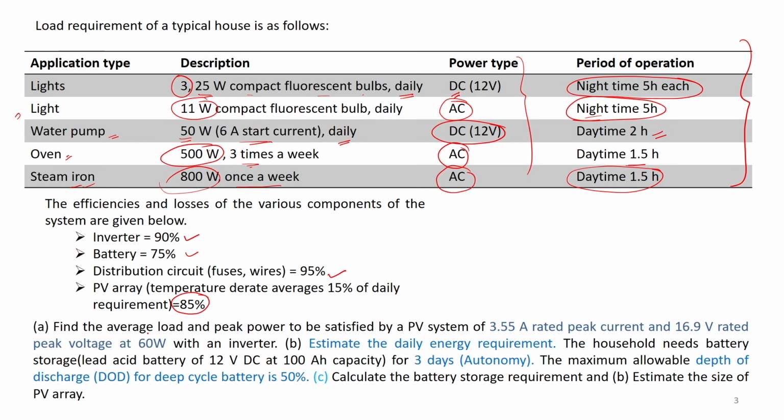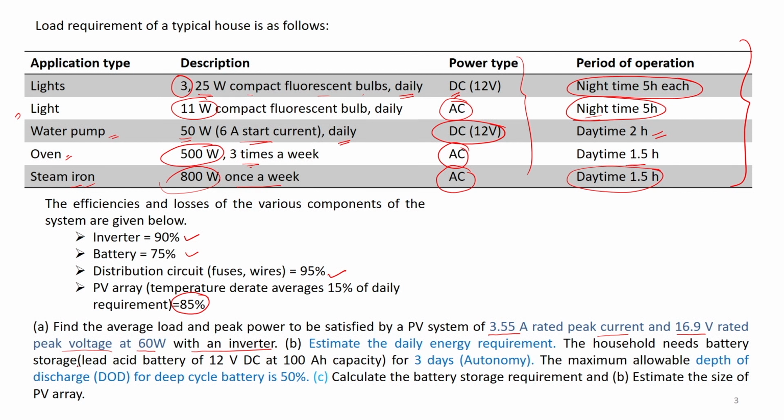We need to find the average load and peak power to be satisfied by a PV system of 3.55 ampere rated peak current and 16.9 volt rated peak voltage at 60 watt with an inverter. Also, we need to estimate the daily energy requirement.